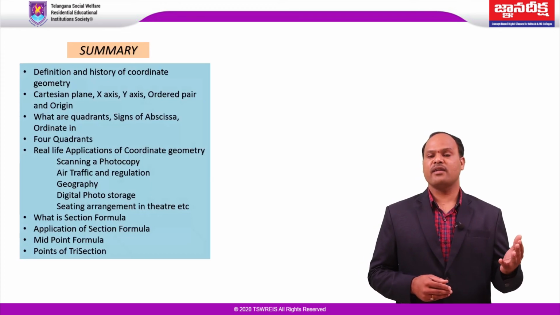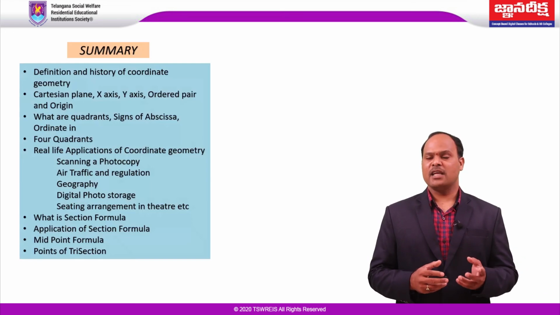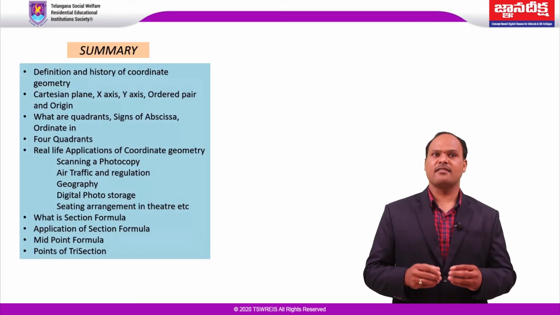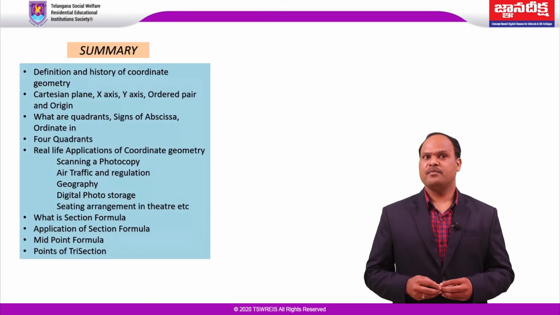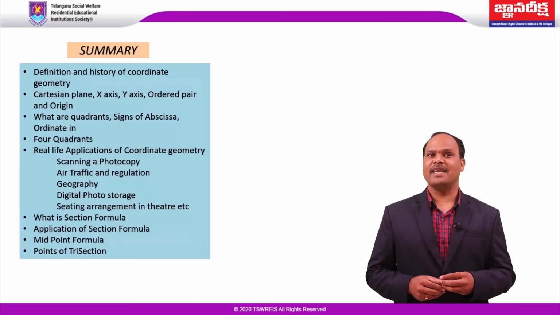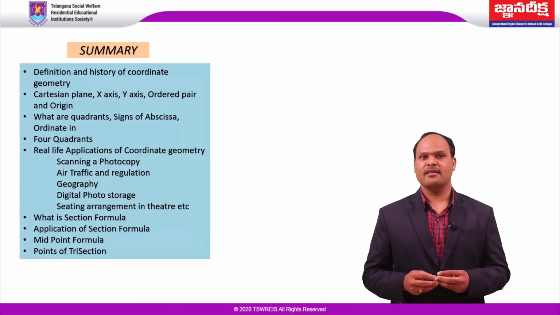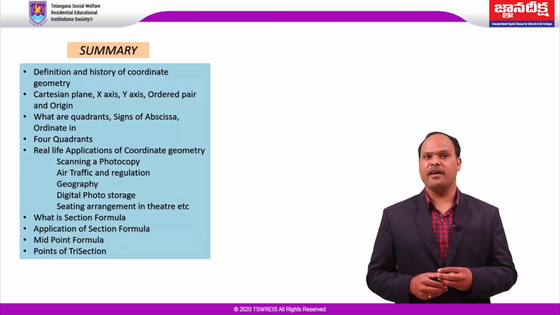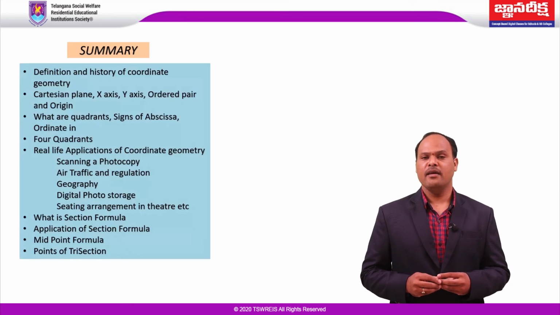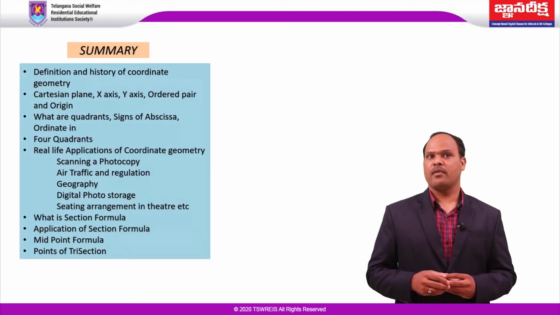We discussed where we are using it: scanning a photocopy, air traffic management or regulation, geography also, live tracking of a delivery boy's movement, storing photos in a digital camera, how the seating arrangement takes place in a theater, and while storing content we use text files or PDFs. Here also we are using coordinate geometry. In games and sports also we use coordinate geometry.